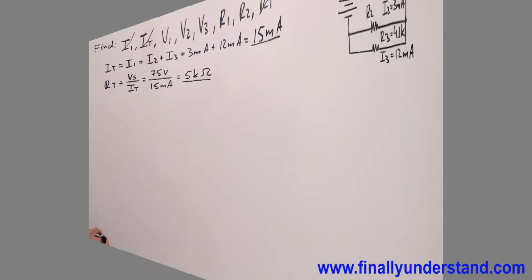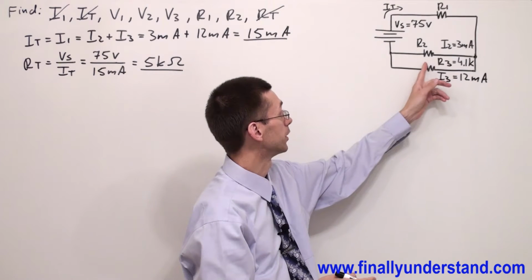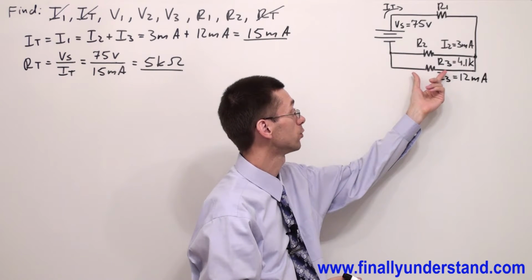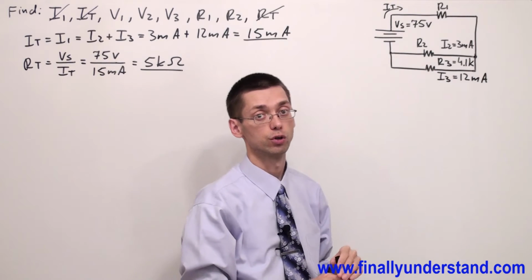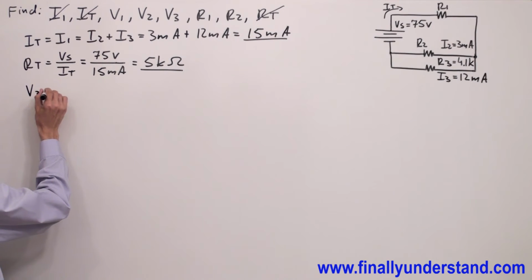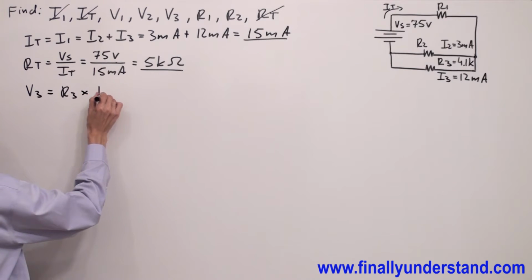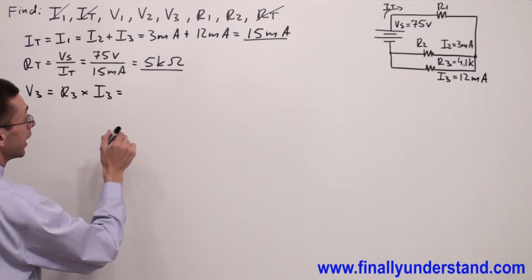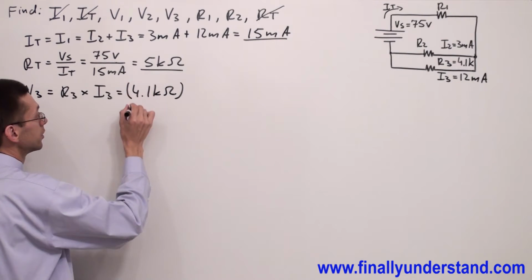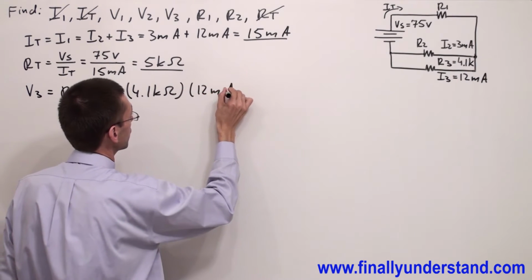Next, we can find voltage across resistor R3. And please keep in mind that these two resistors are in parallel, so if you are going to find voltage across resistor R3, the same voltage is going to appear across resistor R2. So we can write that V3 is equal to resistor R3 times I3, where R3 is equal to 4.1 kiloohms times I3, 12 milliamps.